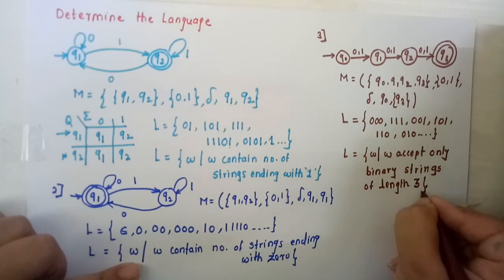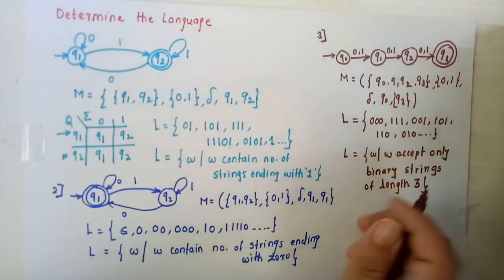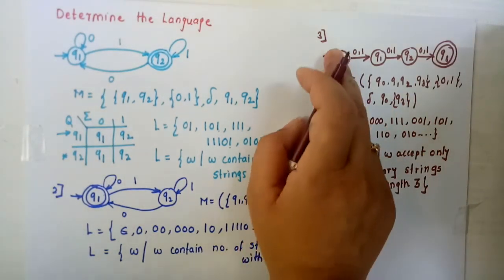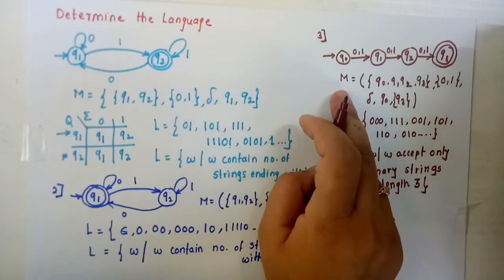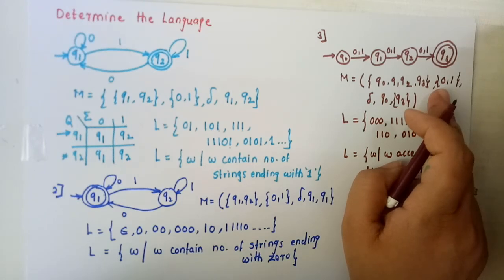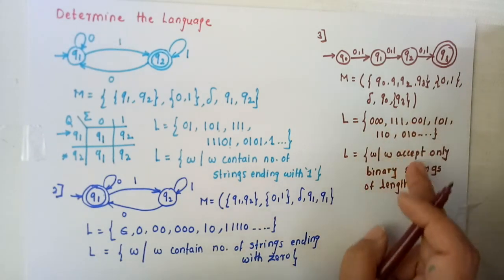Here every time the string length is equal to 3, it is your language. We first design the finite automaton, we can calculate the mathematical model, then we can decide the input alphabet. From the input alphabet we design the strings. From the strings we can determine the language.